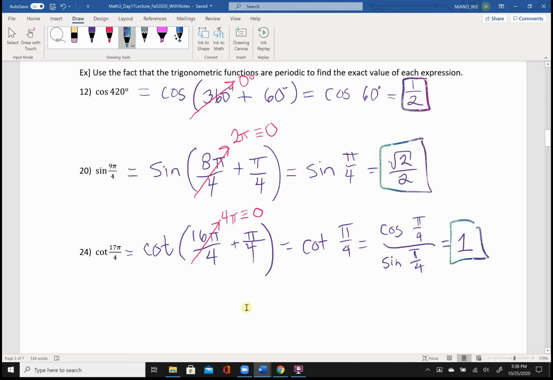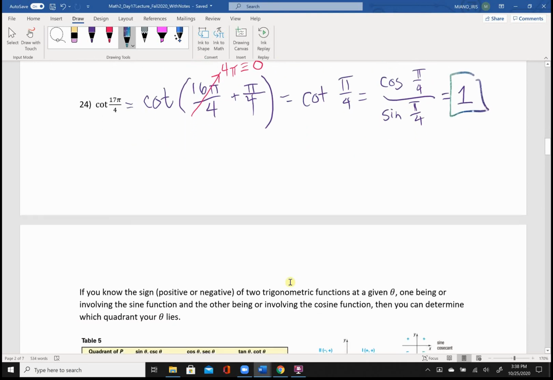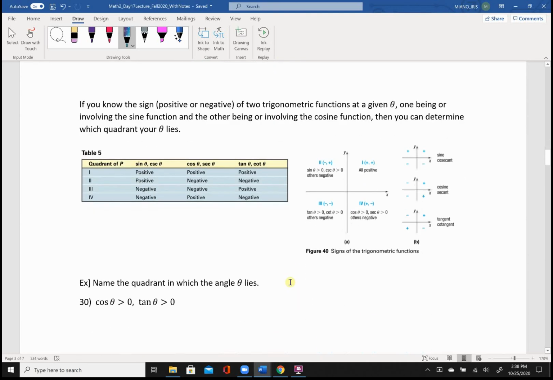You note what the particular period is for that type of trigonometric function, and you use that to find the equivalent of full rotations, and you focus on what's left over, and then you find the cotangent, sine, cosine of that, whatever your trig function happens to be. Okay, moving on. Great.